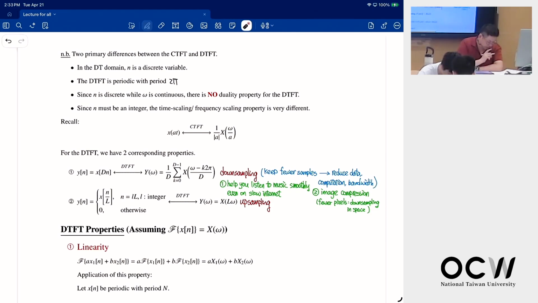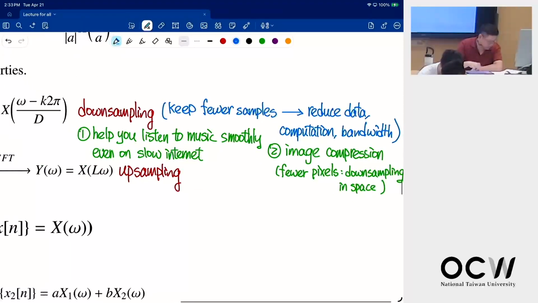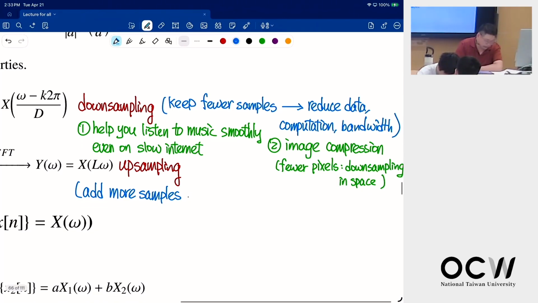So you will add more samples, and in this case you'll get a higher resolution.